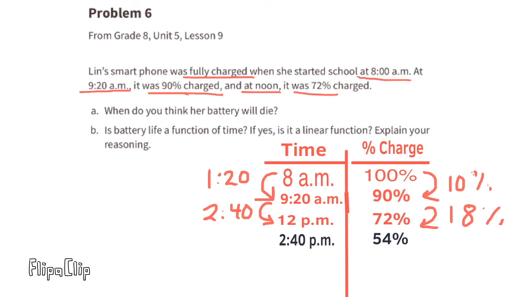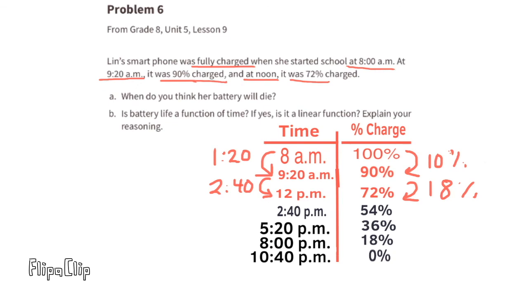Then 54% of the battery would be charged. 2 hours and 40 minutes later at 5:20 p.m., the battery charge would be at 36%. And 2 hours and 40 minutes after that, it would be 8 o'clock p.m. and the battery life would only be 18%. And then finally, another 2 hours and 40 minutes later at 10:40 p.m., the last 18% would drain out of the battery. So this is an approximation, so I'd say approximately 10:40 p.m., the battery would have 0 charge.